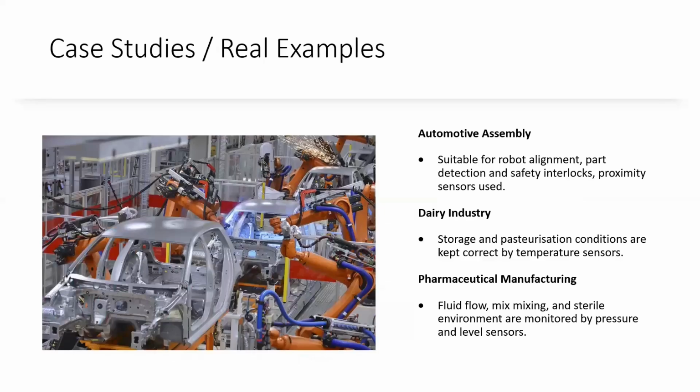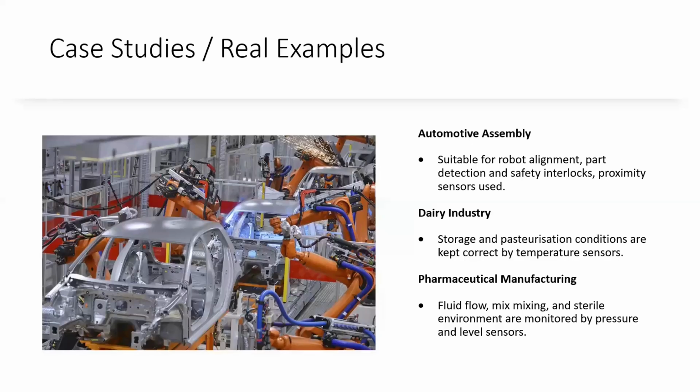And then the use case examples have to do with different industries. In automotive assembly, you have a lot of robots working alongside sensors for effective production. In the dietary industry also, this is widely used. I make mention of storage and pasteurization conditions that are kept correct by temperature sensors, for example.